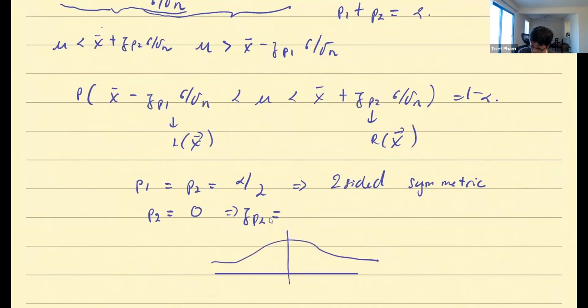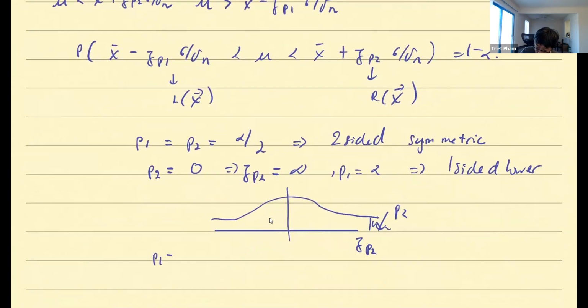Here's a curve, and P2 is the one above. If you want that to be 0, then what's Z_{P2}? Infinity. And so of course here, P1 will be alpha. So that's the one-sided lower. And of course the other way, P1 equal to 0 and P2 equal to alpha, is one-sided upper.